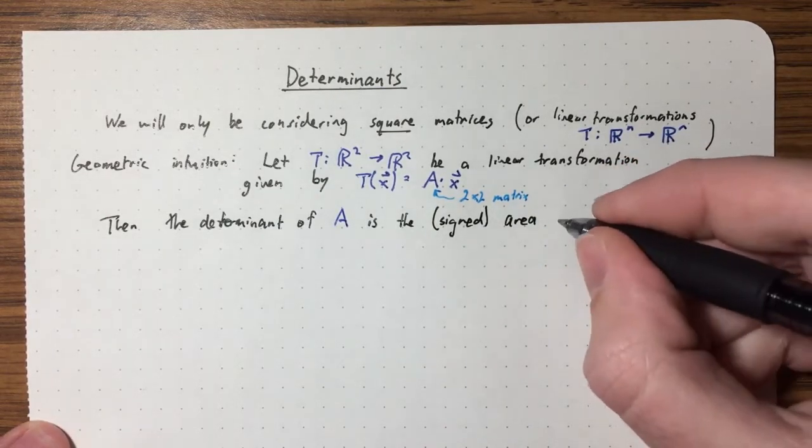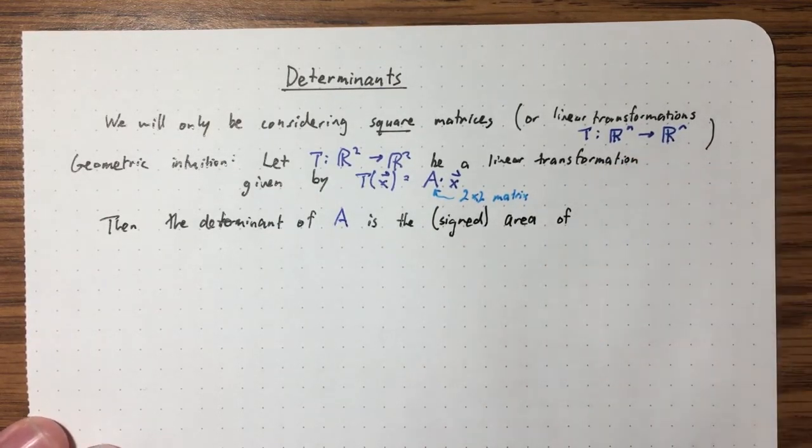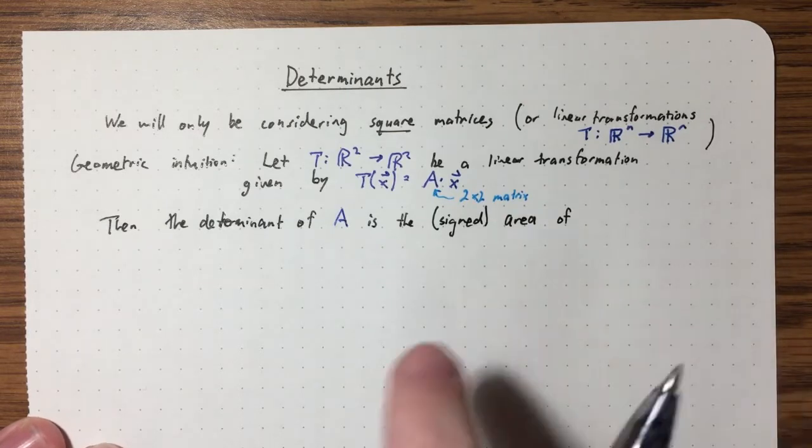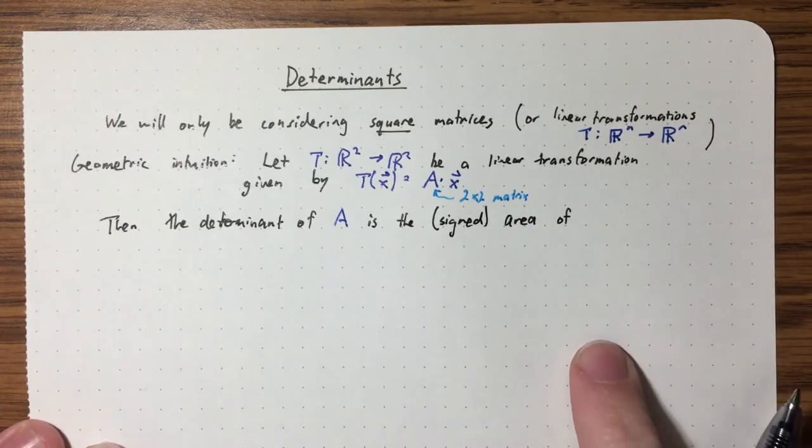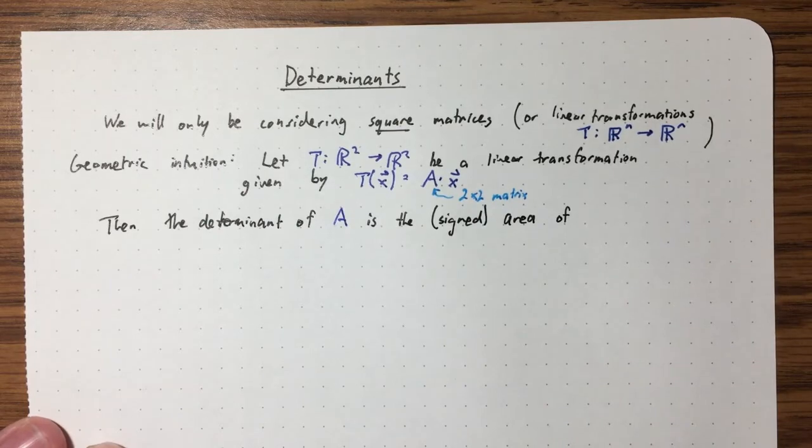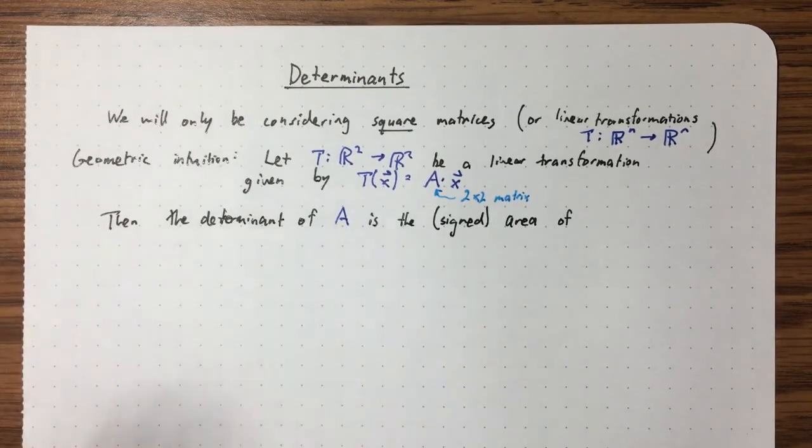And what is it the area of? It's the area of what you get by starting with the unit square and then applying the transformation. And that shifts the unit square into a different shape.